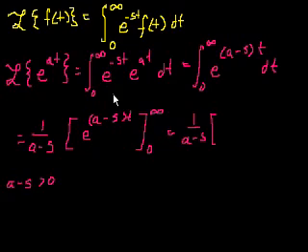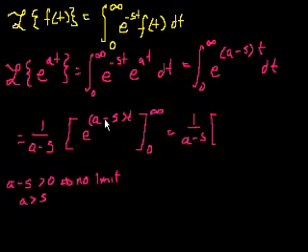And when you do improper integrals, when you take the limit to infinity and it doesn't come to a finite number, that means the improper integral diverges. And so there is no limit. To some degree, we can say that the Laplace transform is not defined when a minus s is greater than 0, or when a is greater than s.